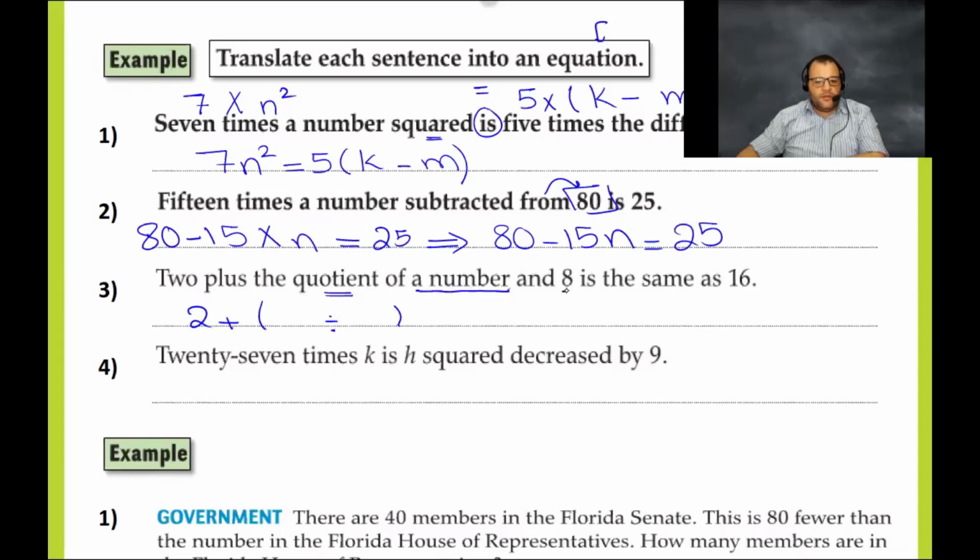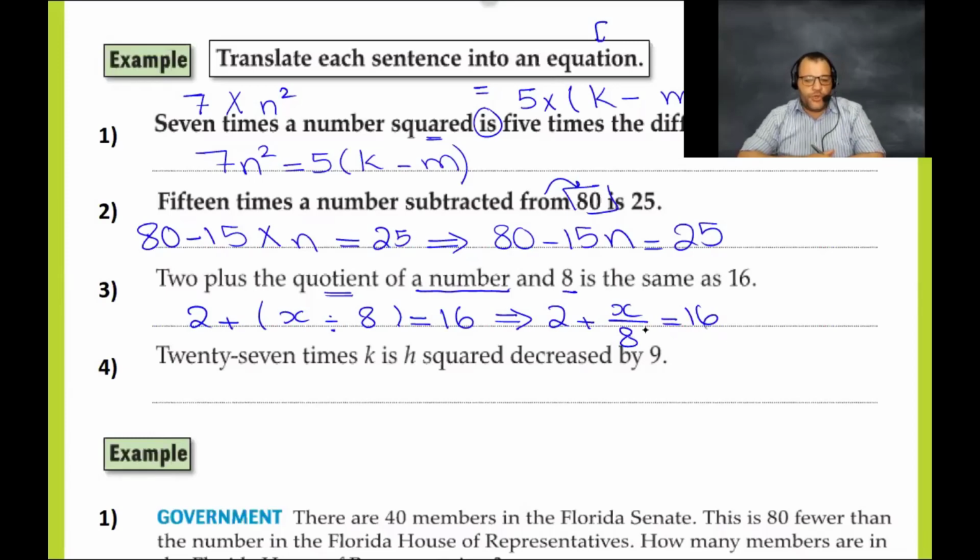Then a number is divided by 8. x divided by 8 is the same as, meaning equals, 16. So you can write it as 2 plus x over 8, which equals 16. You can write it as a fraction, or you can write it between brackets as x divided by 8.